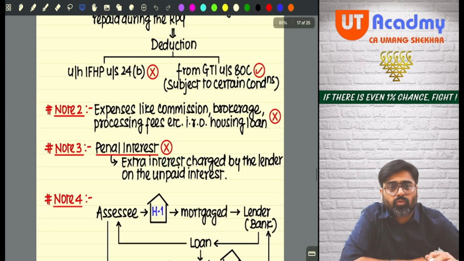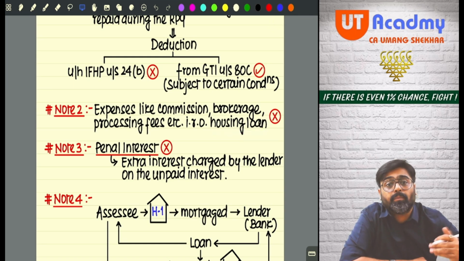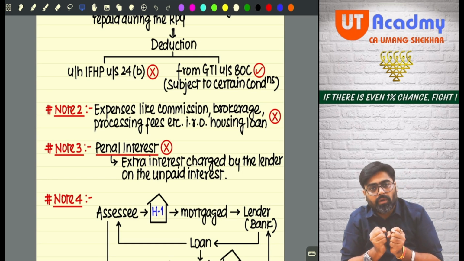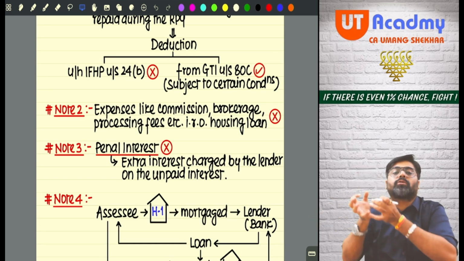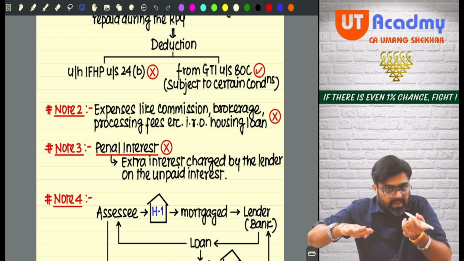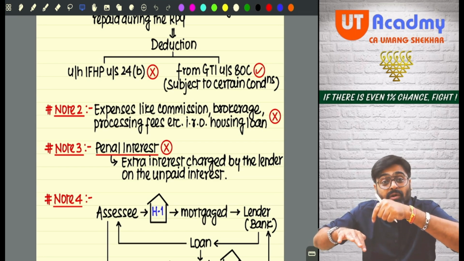Now, sometimes what happens is that to take the housing loan, you might incur certain other expenses also, like commission you have paid, brokerage also, you might be paying processing fees, etc. So to take the housing loan, these types of expenses you can incur. So these are expenses related to your housing loan only. But are these expenses in the nature of interest?